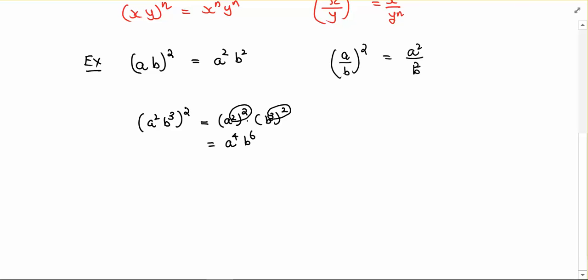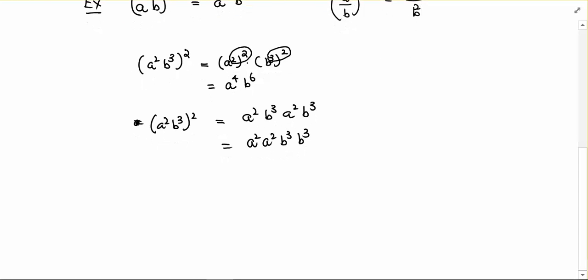You're sitting there going, well, does that really work? Well, let's see. If we did this another way, this is really a squared a squared b cubed b cubed. And if we use the commutative property to move things around and get there, and now we can use the, when you multiply, you add the exponents rule to get here, which is the same exact answer we got from above.